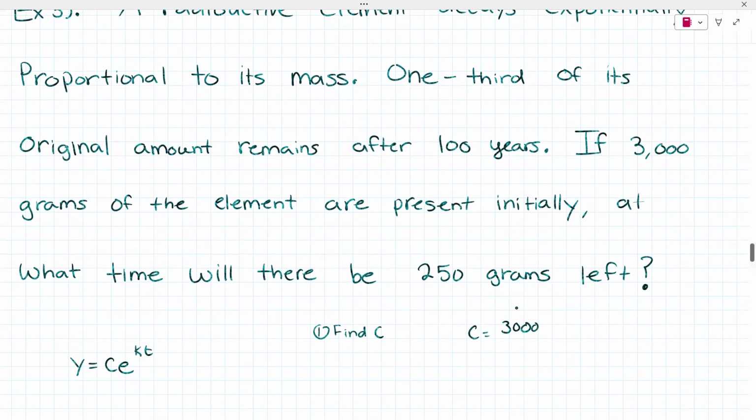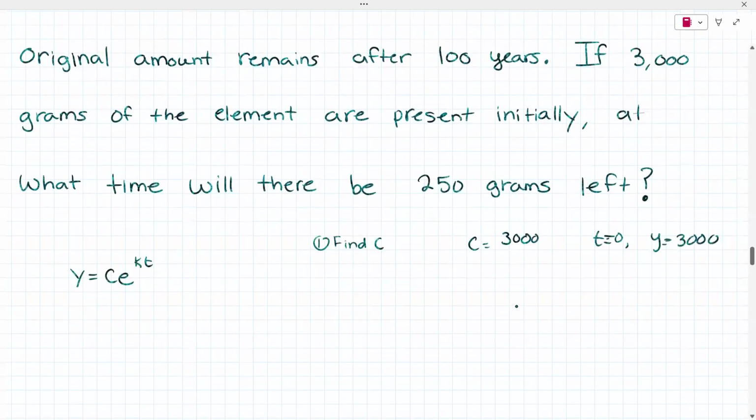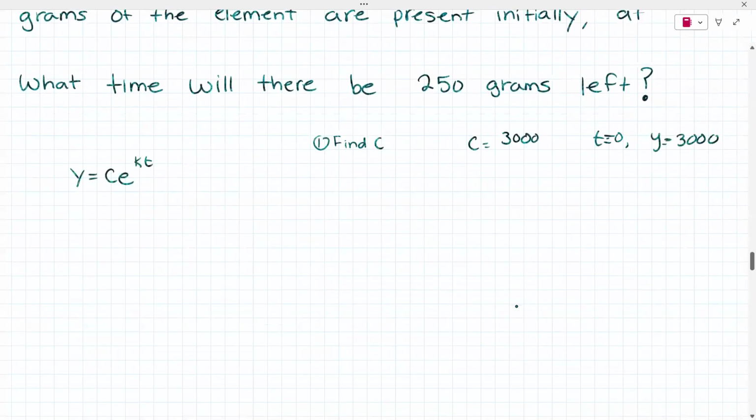If you want to do it as a coordinate, it would be when time is 0, Y is 3,000. So it's going to be Y equals 3,000 e to the kt.